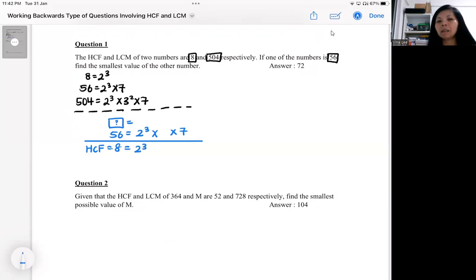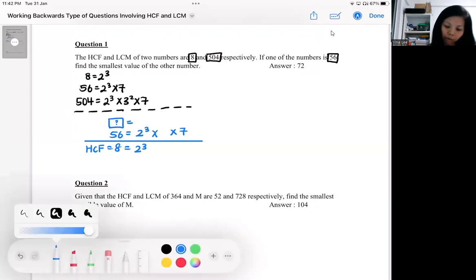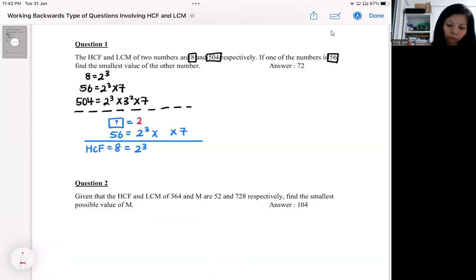That means it will be the minimum, the lowest power, for the 2 numbers. So from here, I can already tell a little bit what the question mark will be. It should be a 2 to the power of 3, or it can be a 2 to the power of 4, or a 2 to the power of 5.